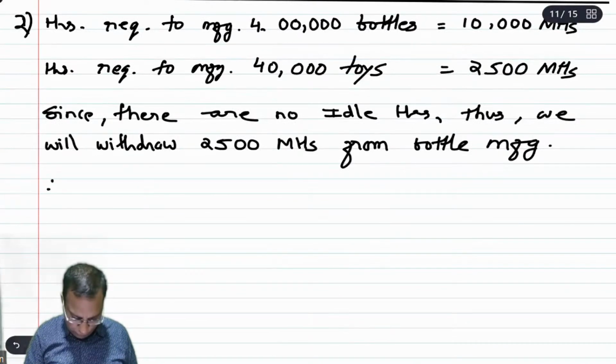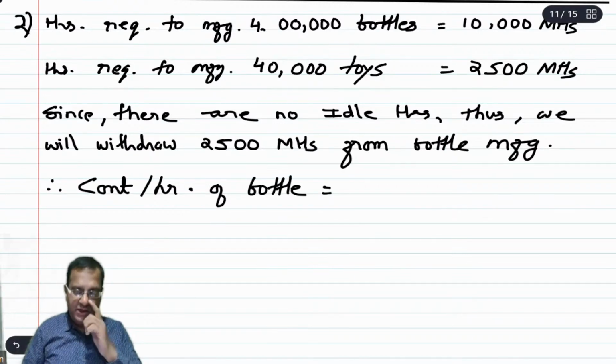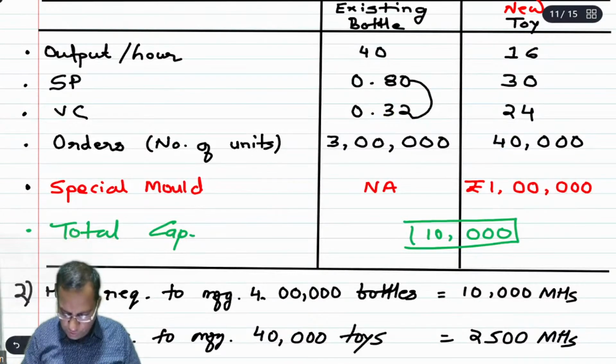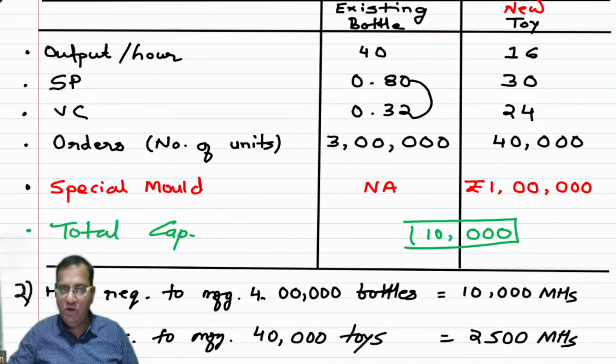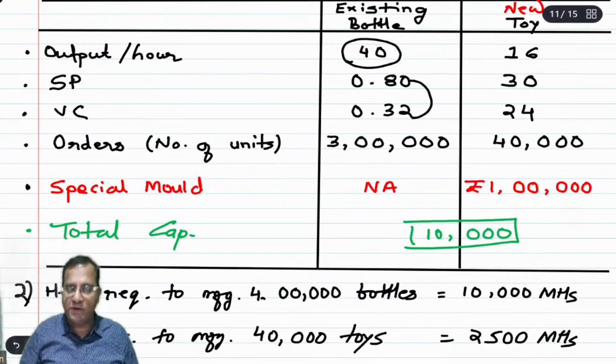So, therefore, contribution per labor hour of bottle. Can you please tell me the contribution per bottle? The contribution per bottle is 48 paise. 80 paise minus 32 paise, 48 paise per bottle, and the output is 40 bottles per hour.